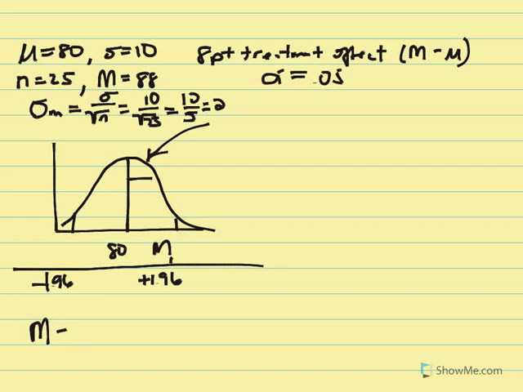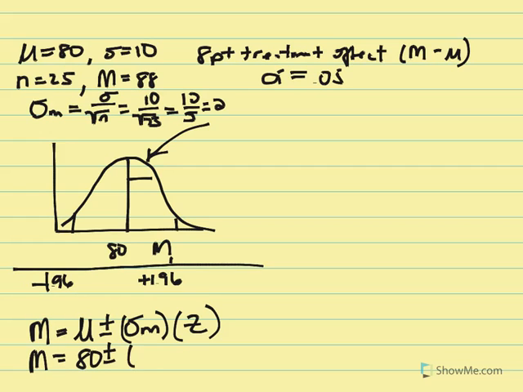So the mean is equal to the mu plus or minus our standard error multiplied by our z-score. So let's replace variables. This is 80 plus or minus the standard error equal to 2 multiplied by positive 1.96. And what I'm solving for is this: what is m equal to? What is the minimum sample mean value I need so that I can reject the null?